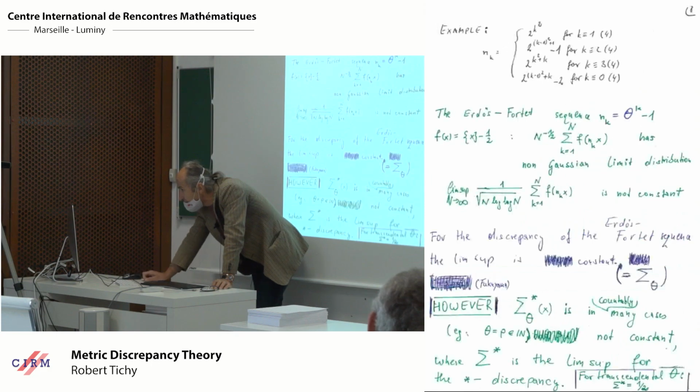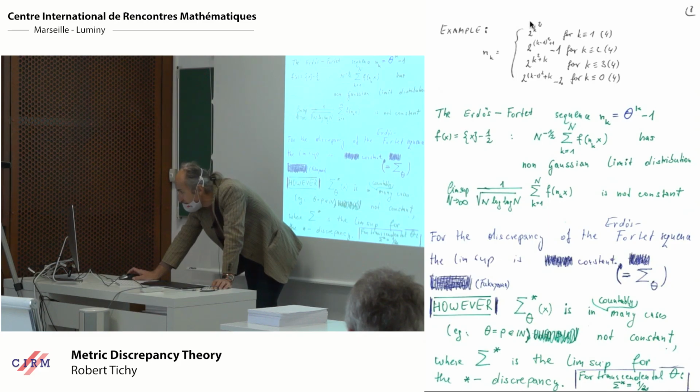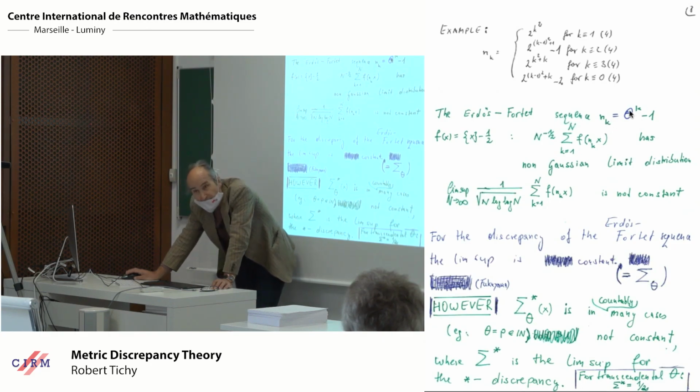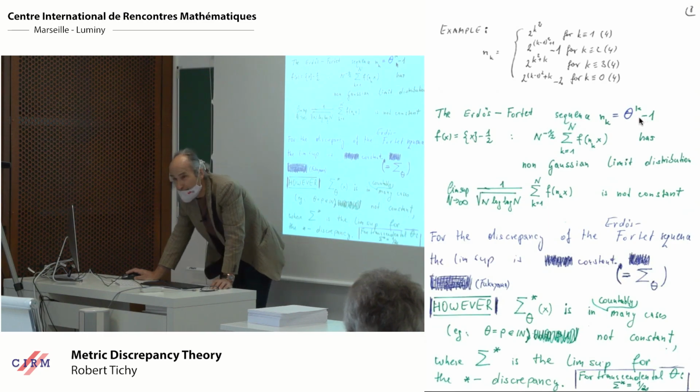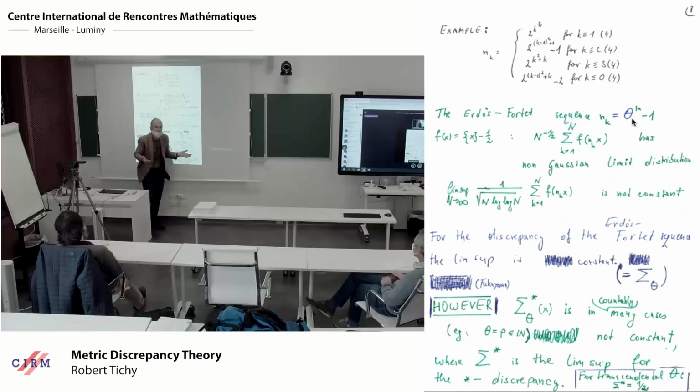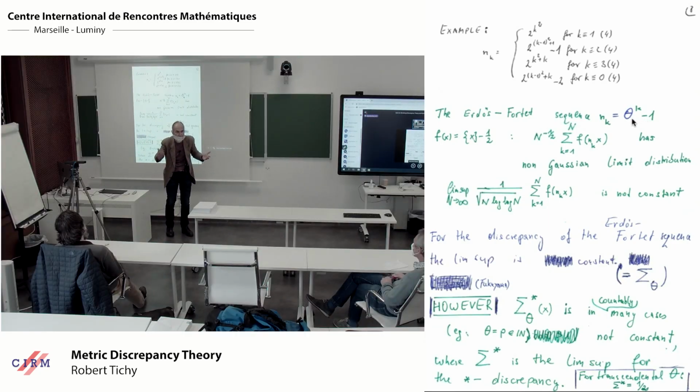And strange things occur. For instance, if we take as a subsequence n_k, which is this very strange sequence, or if we just take as a subsequence n_k powers of k minus 1, so you would suspect this doesn't make any difference if we take theta to the k or theta to the k minus 1.